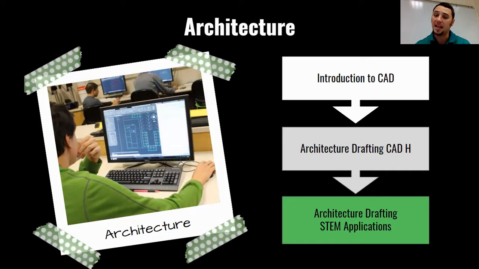We also offer a capstone level class for architecture, where we get to build balsa models of houses and all kinds of cool stuff. We use 3D rendering software to do floor plans, and we can render out really cool images and pictures of a realistic looking house, just like they do on HGTV and things like that.